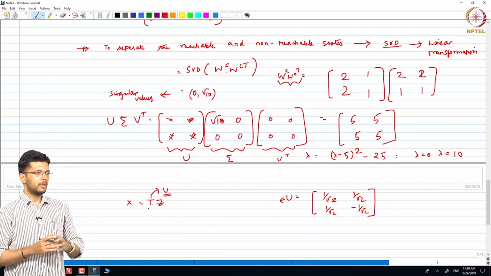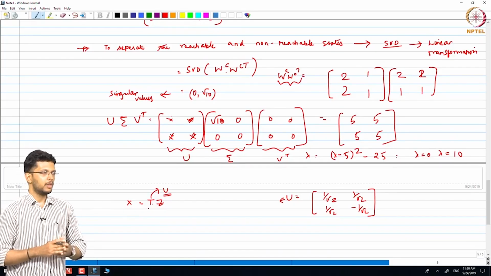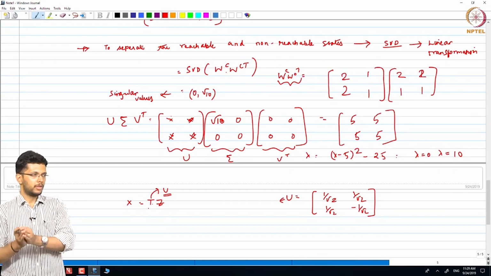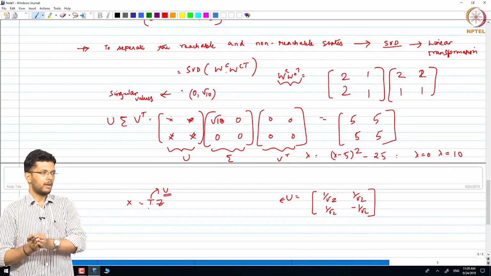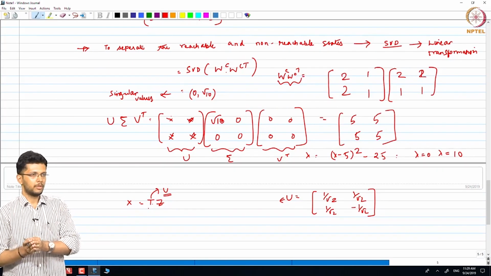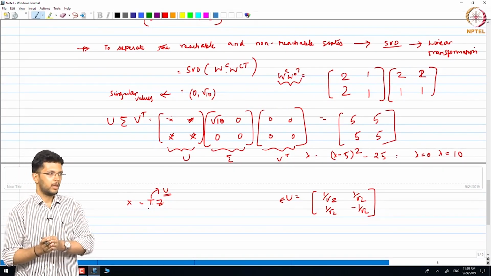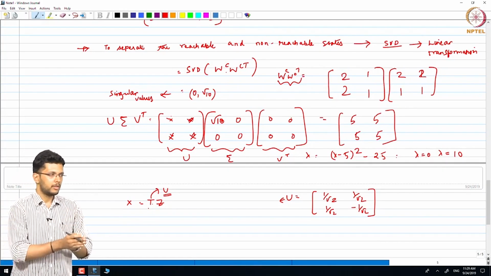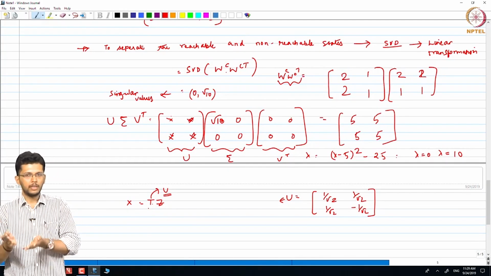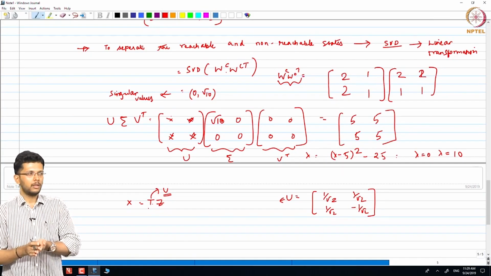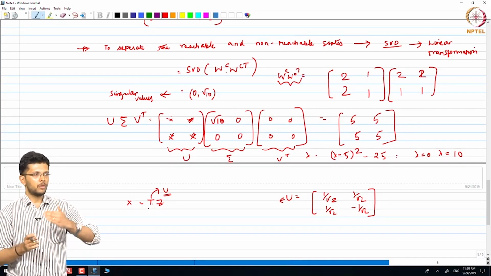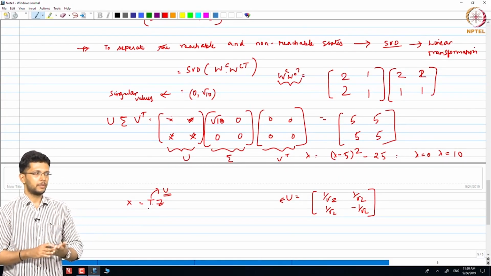You start from an arbitrary initial state and you want to move your system to the origin in finite time steps. That is controllability. When you want to move your system from an arbitrary initial state to any other state, then it is reachability. These two concepts are in finite time steps.